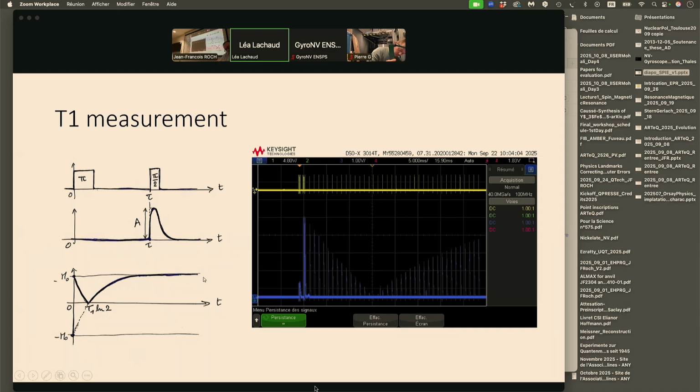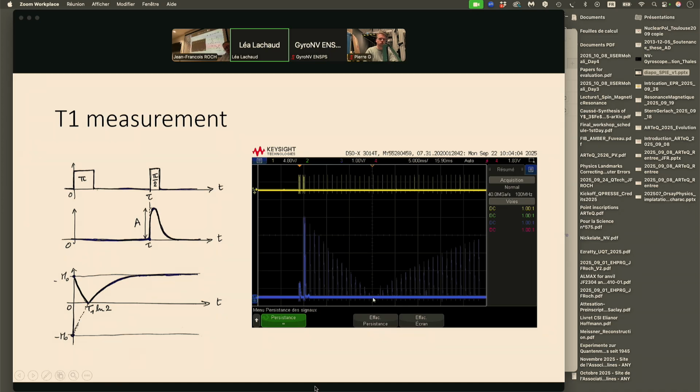So it's equivalent to taking the absolute value of the negative part of the signal. Here what we see is an exponential growth of the Z magnetization. And spotting the time value at which the signal crosses the zero axis gives us the value of T1 times the log of 2. If you see the value here, you have something like 15 milliseconds.